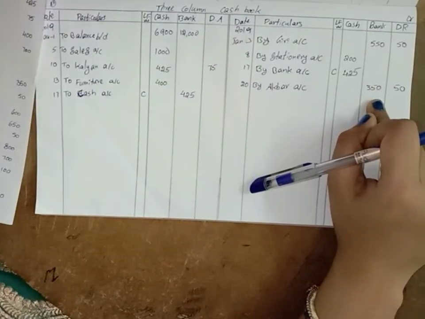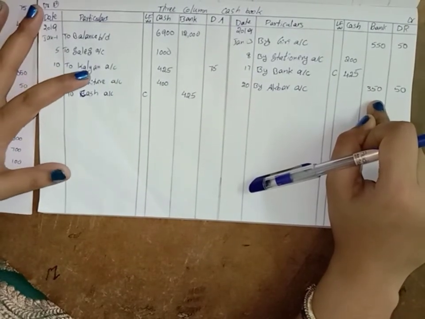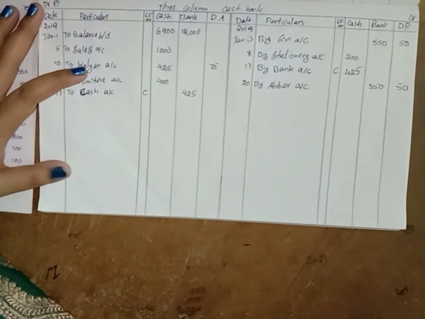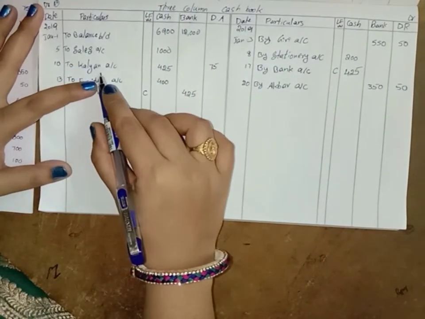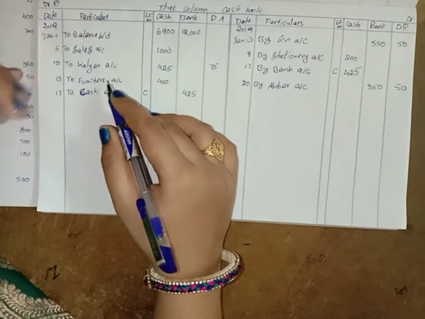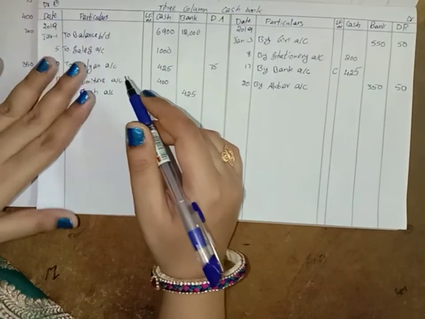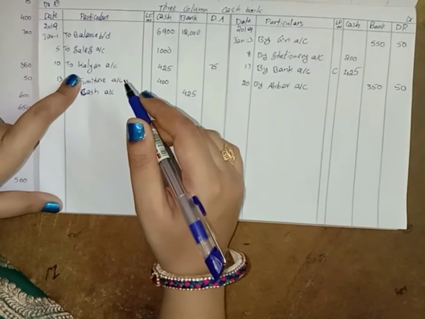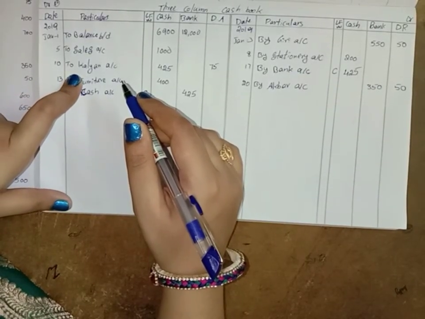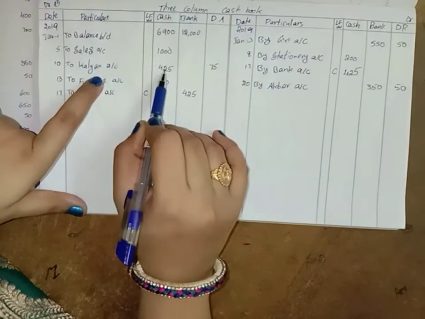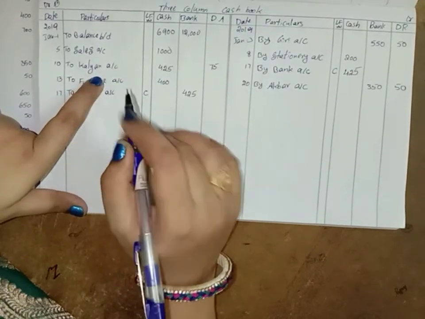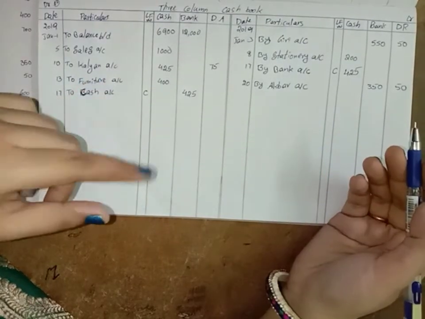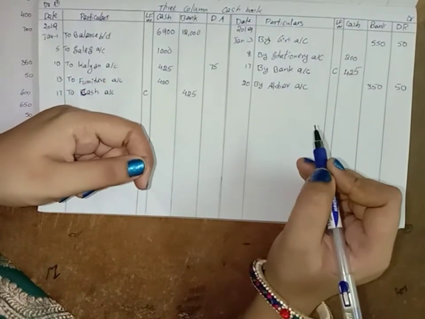What is the difference? This amount is coming into our business. This Kalyan has paid the amount for us. So up to the deposition of the check into the bank, this check is cash for our business. Here we have paid the check to Akbar.